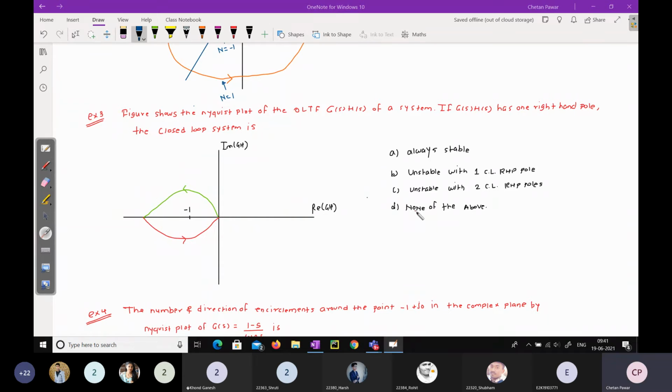Have you got the answer? What is the correct option out of these 4 options?